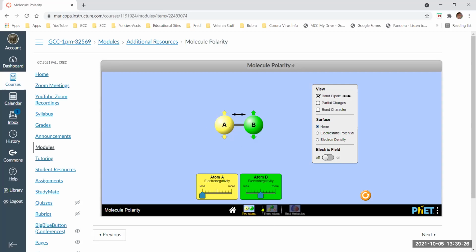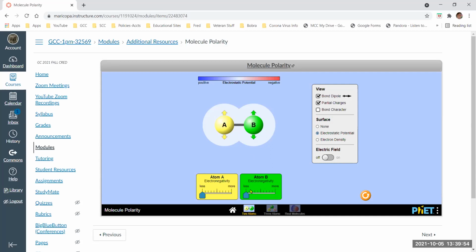And so let's take, for example, these two atoms. We've got a bond here. I'm going to add what we call electrostatic potential. Now, right now, around A and B, they are equal with respect to electronegativity, meaning that the bond between them is equally shared, okay?